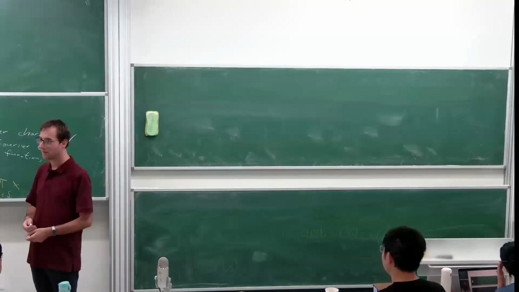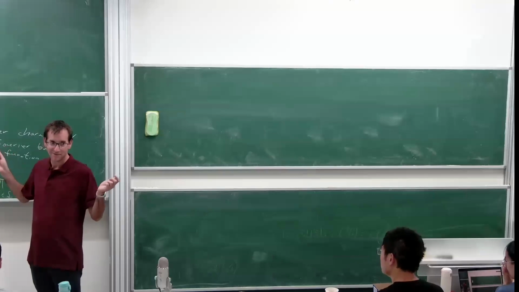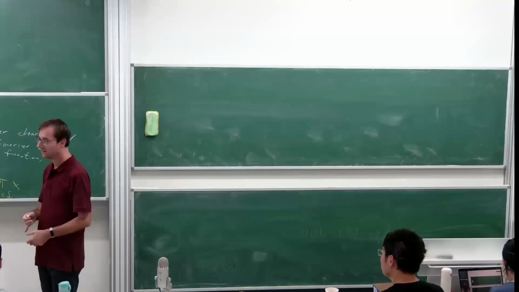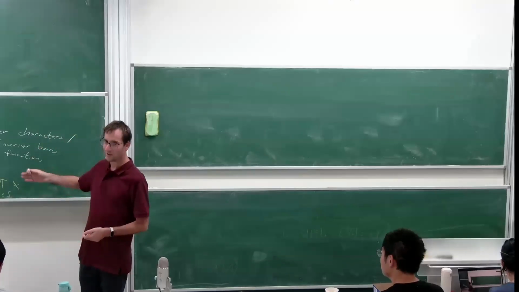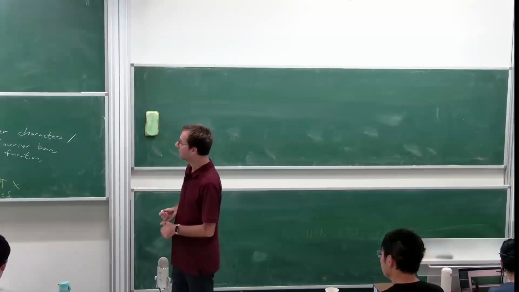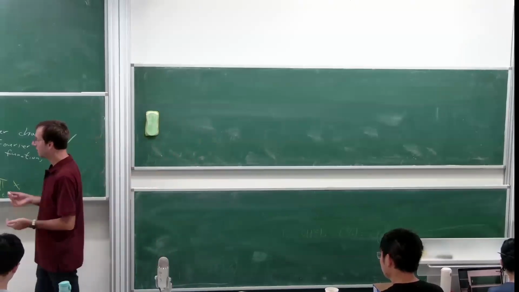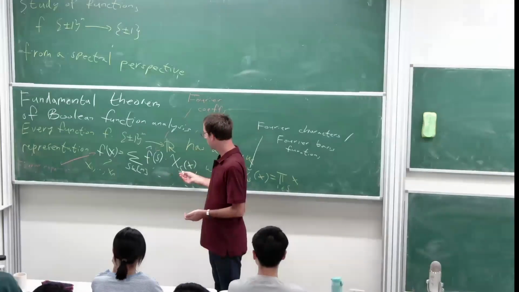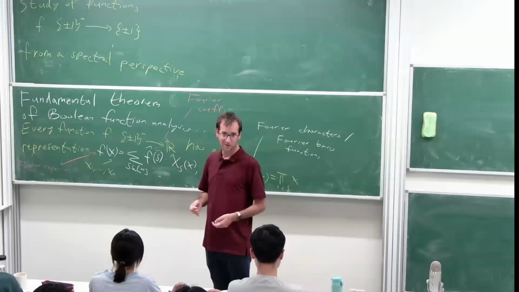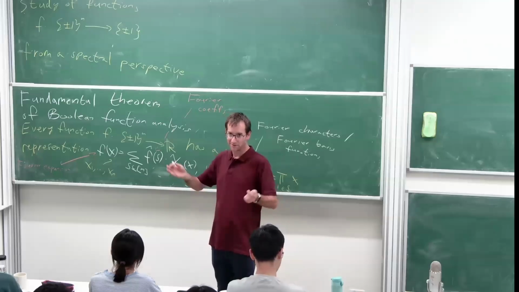And here the group is Z2 to the n. Now that I've said it, you can forget about it, because we're not going to use this abstract theory. We're doing combinatorics, we like concrete things. So every function f can be written as some linear combination of these Fourier basis functions or Fourier characters. They're called Fourier characters because they're characters of the group.